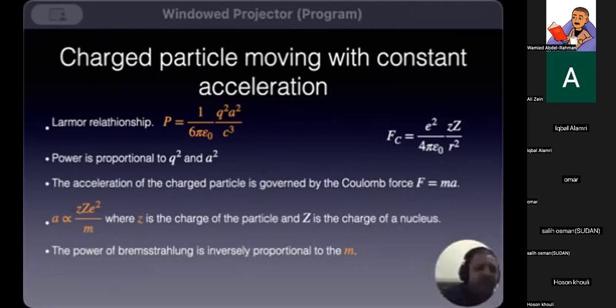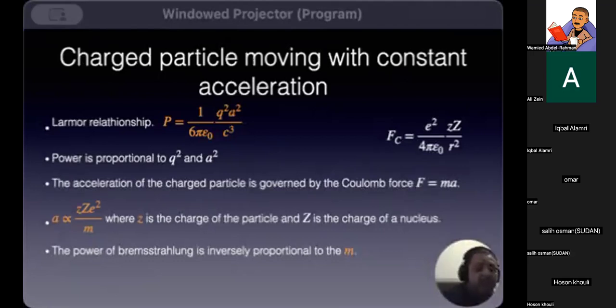So what happens if, for example, imagine we have a proton now, and this proton is undergoing acceleration in the medium? We're keeping the same medium, whether it's tungsten or lead. We have an electron and we have a proton, and both of them are undergoing the same deceleration or acceleration, because Z for a proton is the same as Z for an electron.